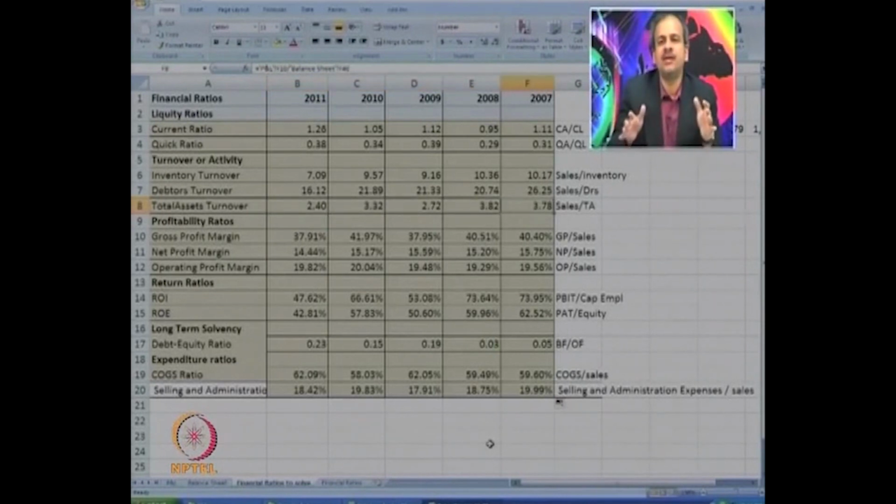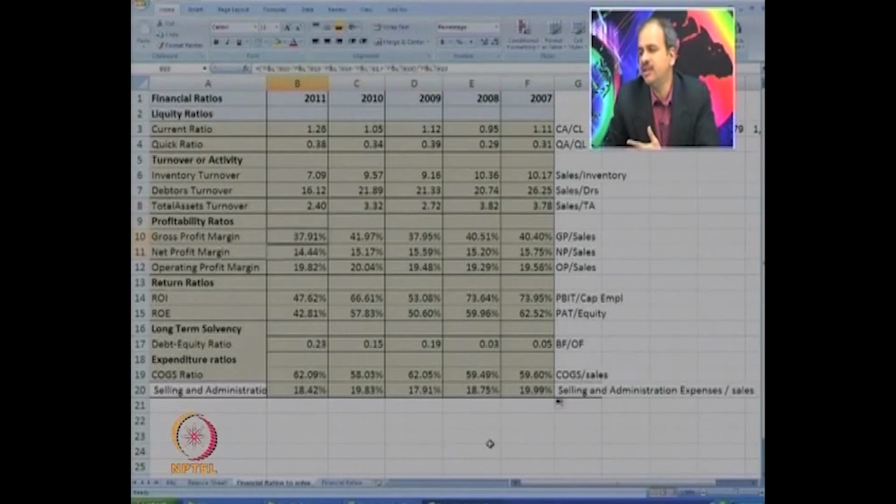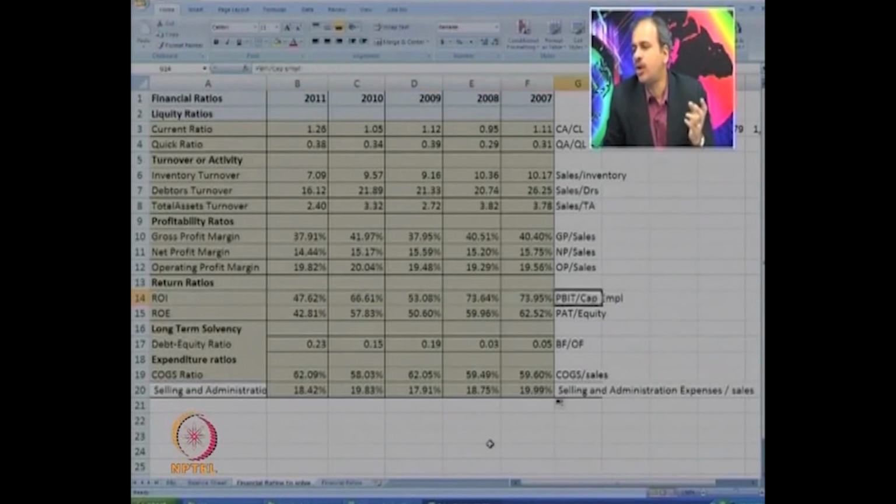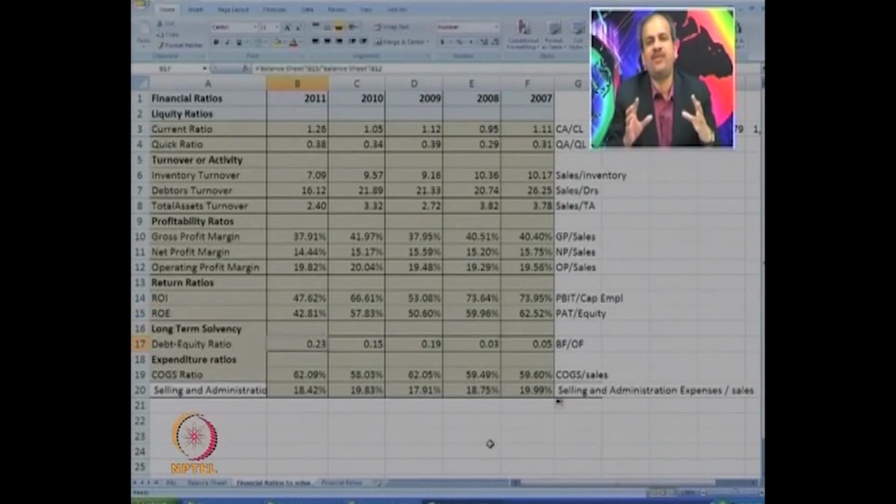That is causing a fall in turnover ratios. Because of this fall, the final profit earned by the company is also falling. This could somewhat explain why the return has somewhat gone down. So, you can see ROI has gone down from 73 to 47 and ROE has also gone down from 63 to 42, and the company's reliance on debt funds is slightly increasing.